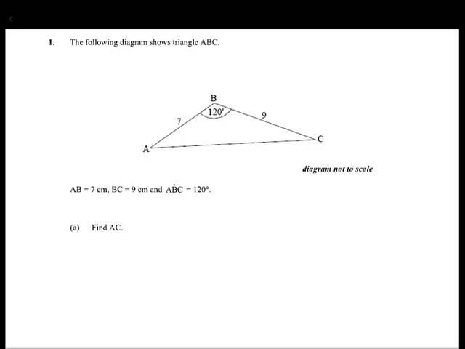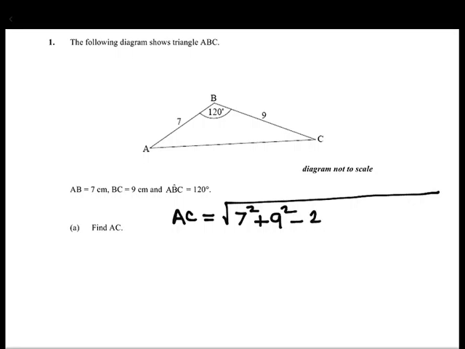So it's a straightforward question. So AC is nothing but, according to the cosine rule, square root of 7 squared plus 9 squared minus twice 7 into 9 into cos of 120 degrees.